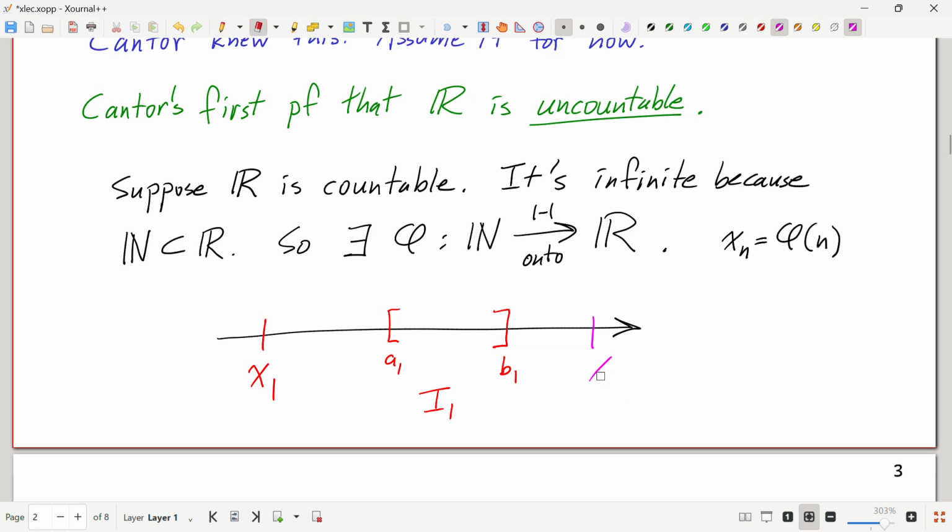But if x2 is in here, I pick an interval that doesn't contain x2 that's a subinterval of the previous one. So this would be an A2, B2, maybe, et cetera. And very quickly, it gets really hard to draw the picture.